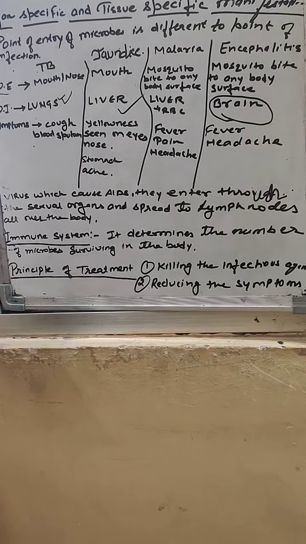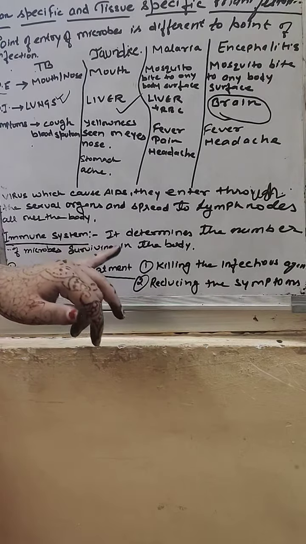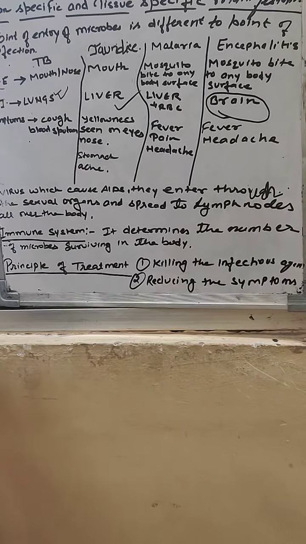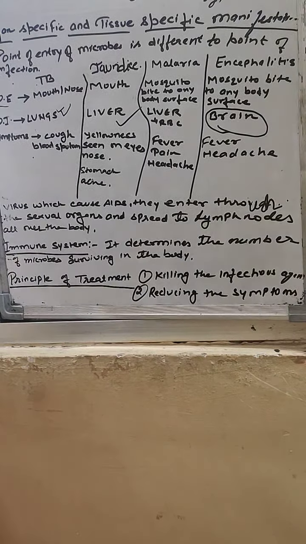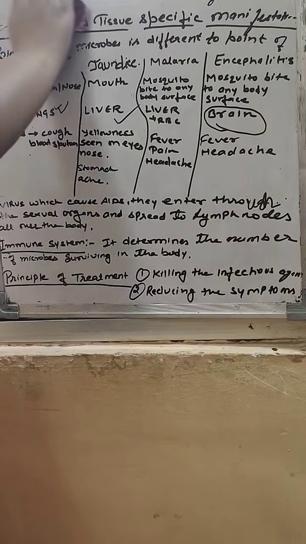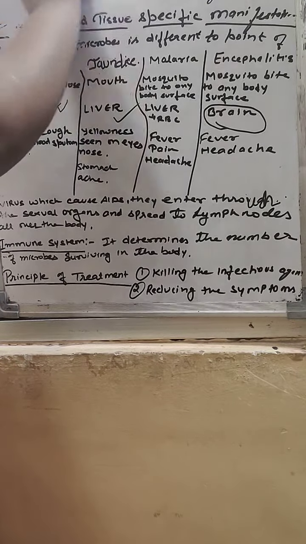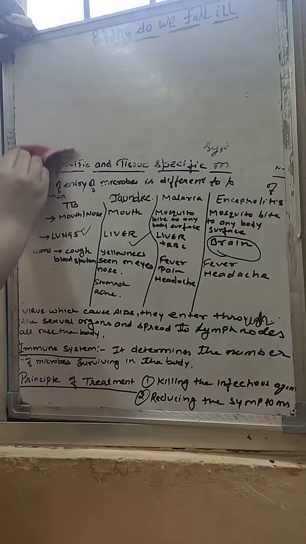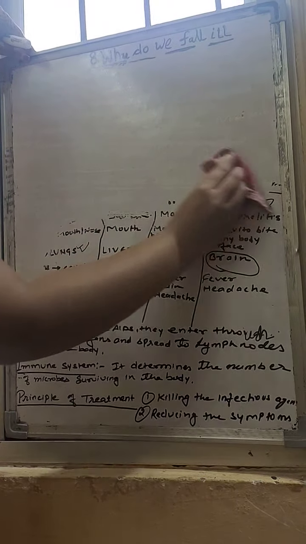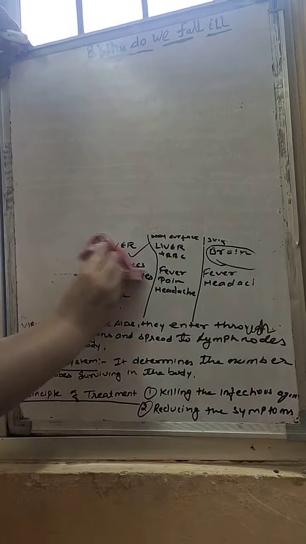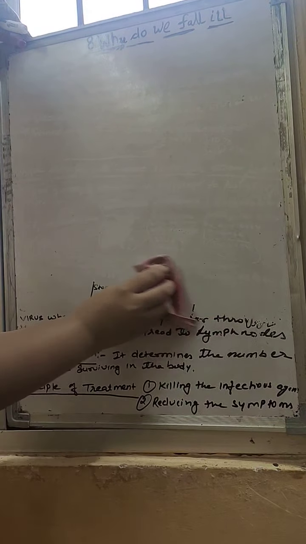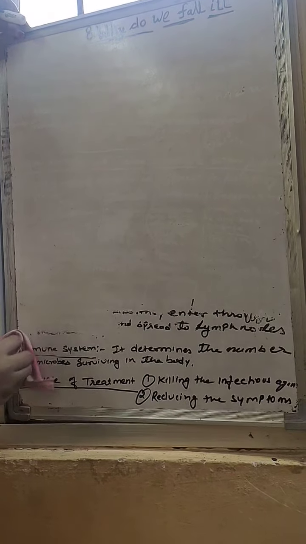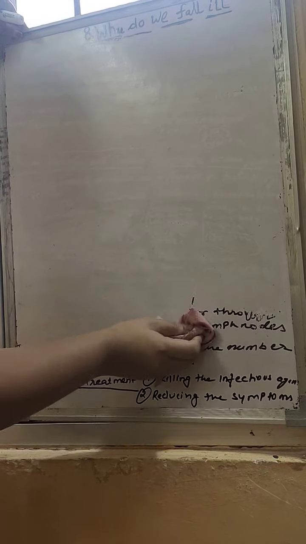Now let's see the principle of the treatment. Till here you understood the mode of spread of the disease, how the disease can target the organs, and which organs are targeted, then the symptoms depend on those organs only.